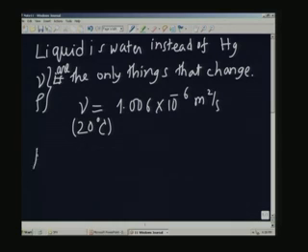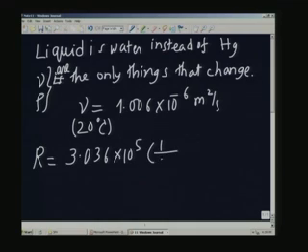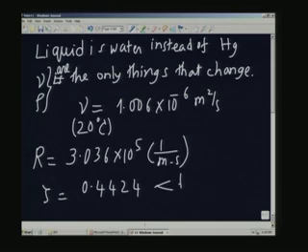So, I can calculate R, which is proportional to nu, and therefore, this will come to a value of 3.036 into 10 to the power of 5, so resistance has changed, again in 1 over meter second, and the parameter zeta becomes 0.4424, less than 1. It is still underdamped, but it is much more damped than the case of mercury which we saw earlier.